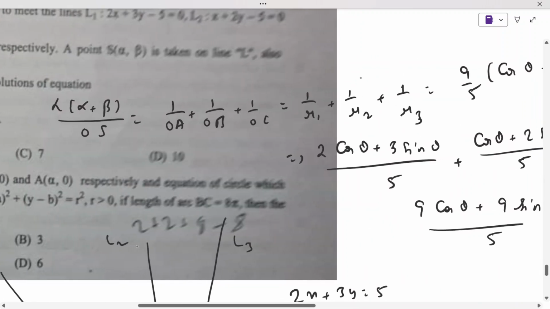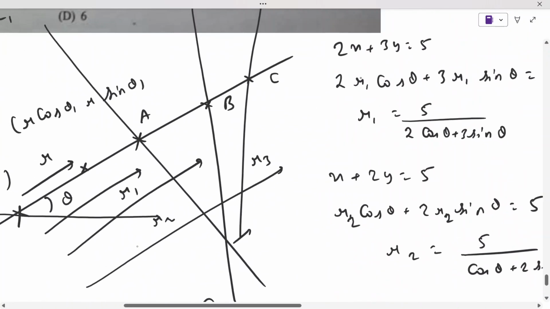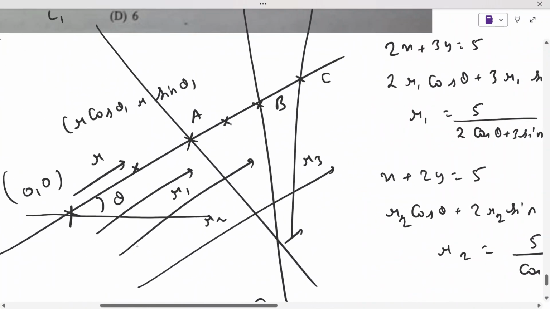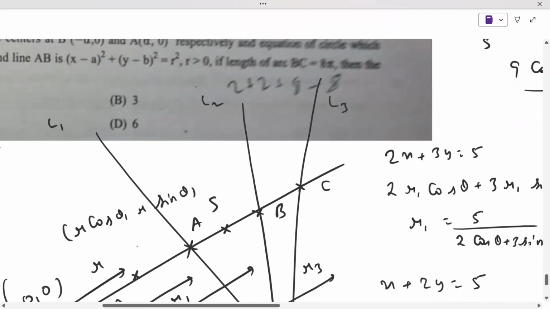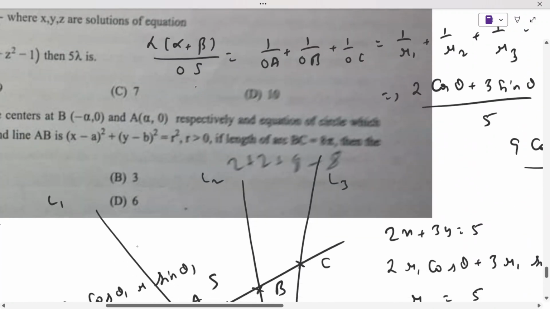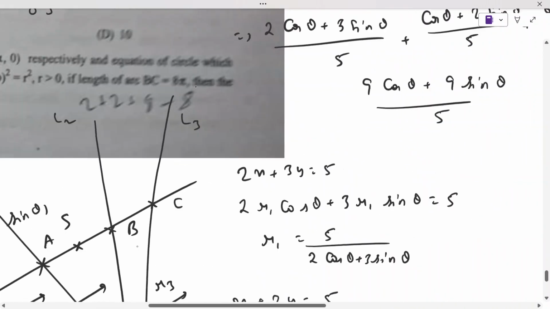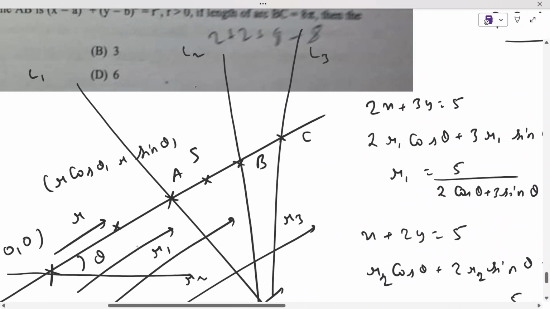So it says it is lambda into alpha plus beta by OS. And OS is what? Some location of X. There's some point out there that is the S. So S is some distance, let's call it R prime. This is like R prime cos comma R prime sin, isn't it?